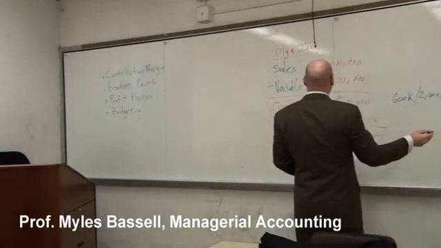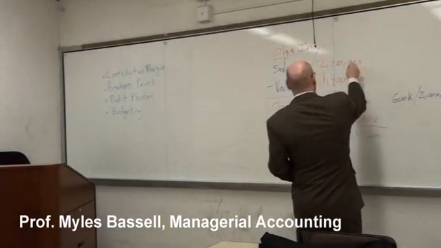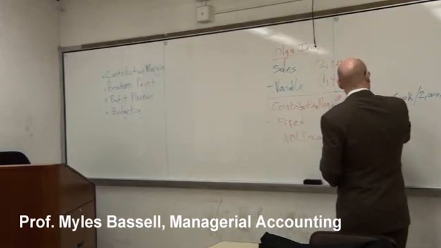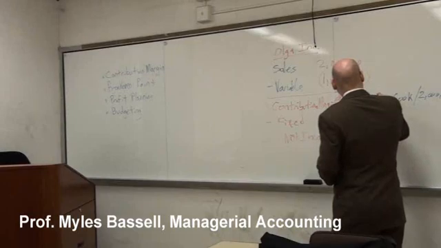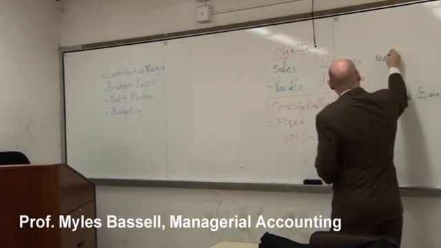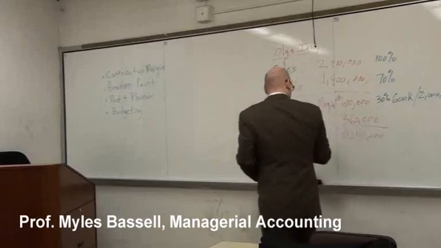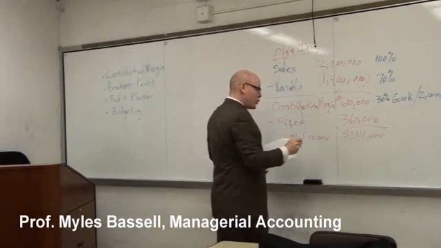So 30% of $2 million is a contribution margin of 600,000. So this is 30%, this is 100%, and the variable costs are 70%.